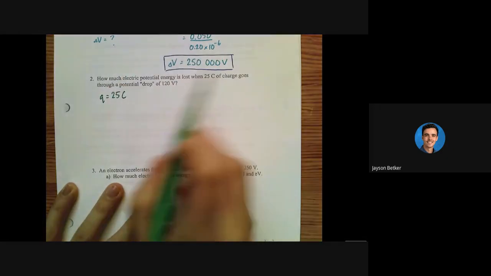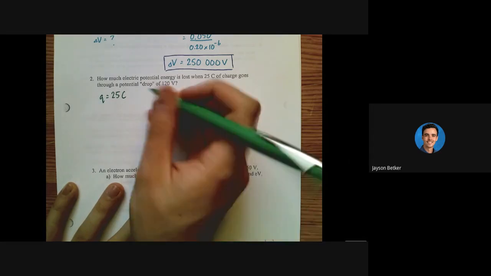How much electric potential energy is lost when 25 coulombs of charge goes through a potential drop of 120 volts? I'm going to use a different color just to write down the actual information that we have. Our charge is 25 coulombs. So Q is equal to 25 coulombs. We have a potential drop of 120 volts.